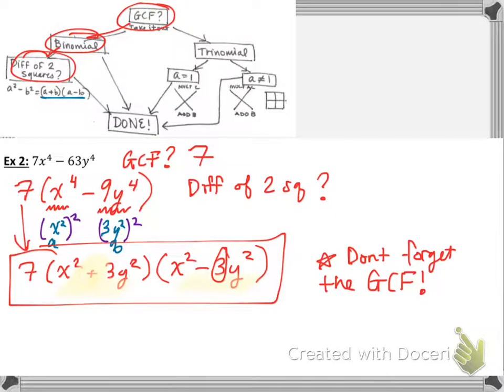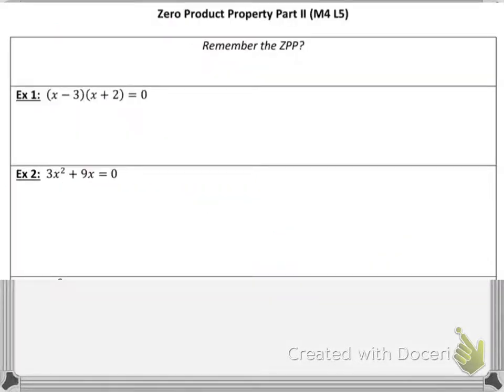So let's move on to the second part of our notes, which is on the zero product property. Hopefully this will go a little bit quicker. This is actually a review of something we did in, I think, module 1. It's called the zero product property, and you actually do have notes on this already.